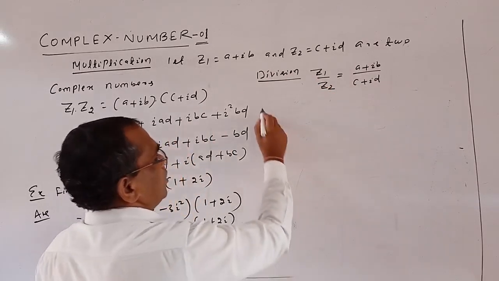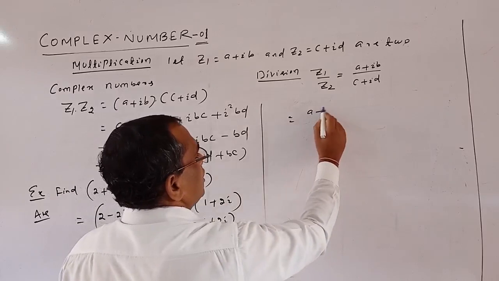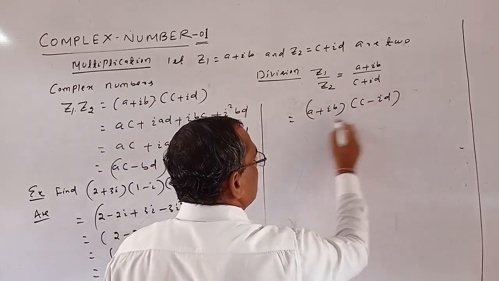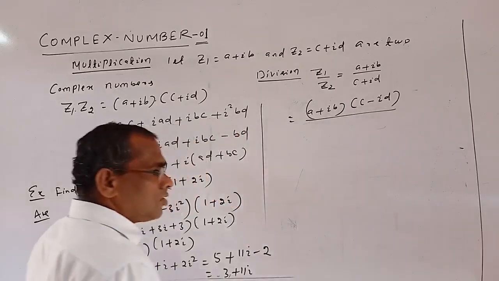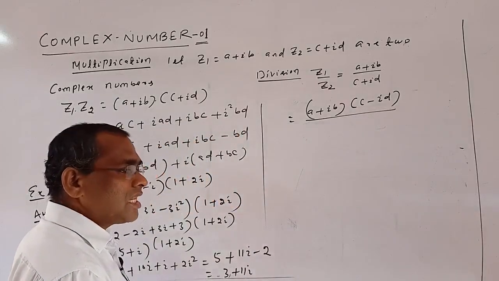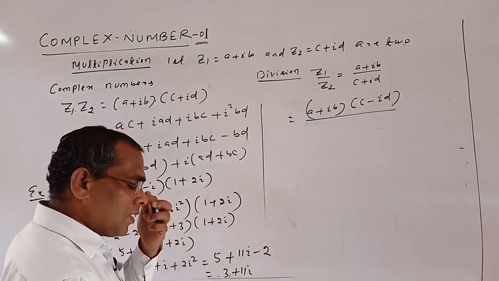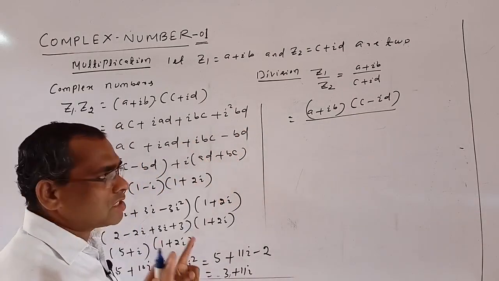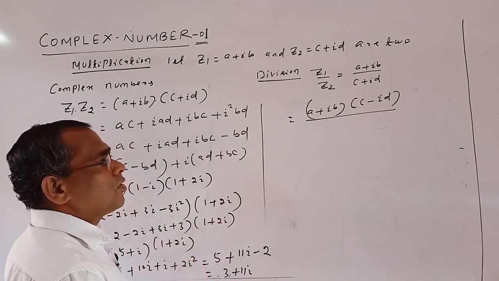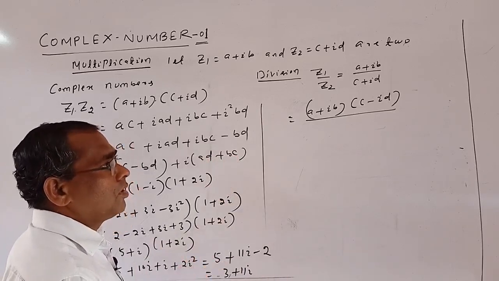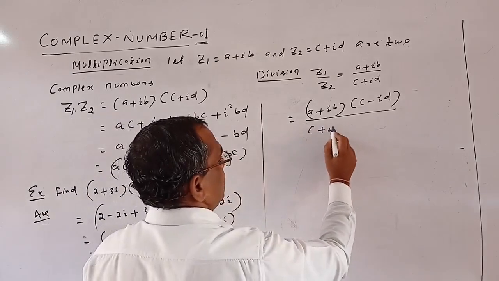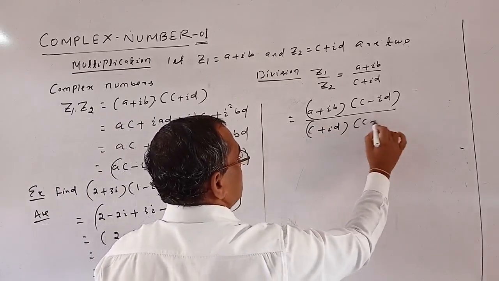Okay, so here a plus ib into c minus id. The complex number in division form must first be rationalized by multiplying the conjugate of the denominator in numerator and denominator. Do you understand how to make a plus ib form, or complex number form, in the division of complex numbers? So c plus id into c minus id.